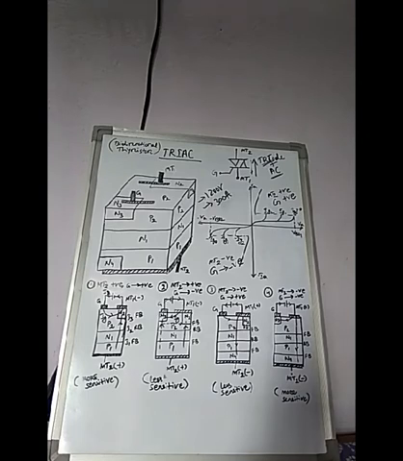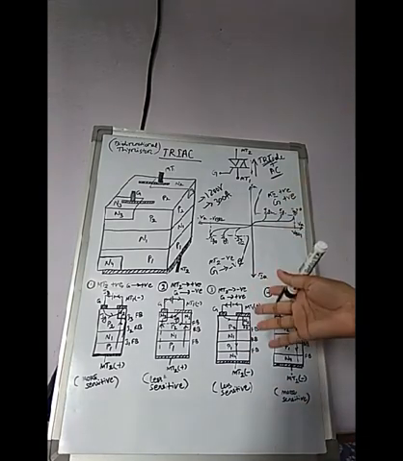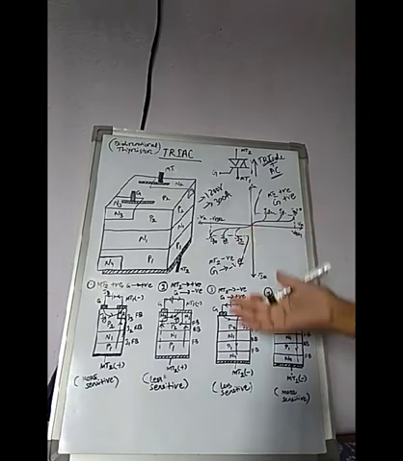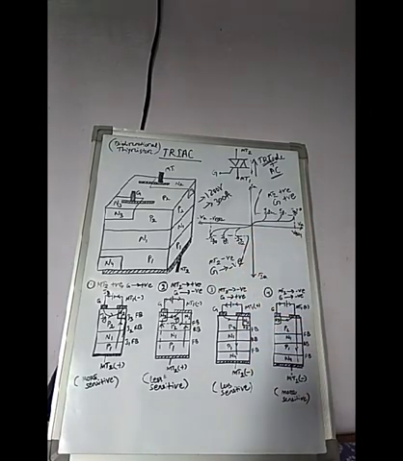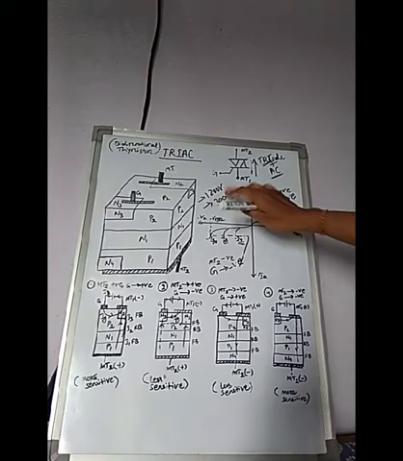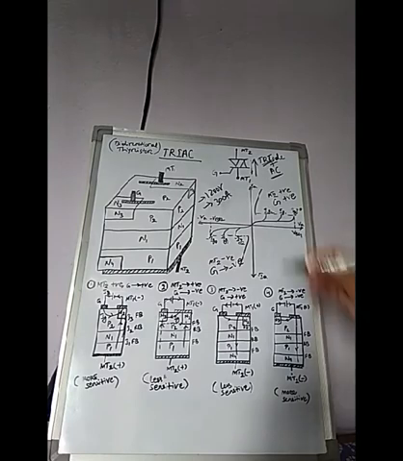Okay, so sometimes the triac may operate in a rectifier mode rather than bidirectional mode. See, rectifier mode means whenever a device can conduct in positive half cycle only. That is the rectifier mode.